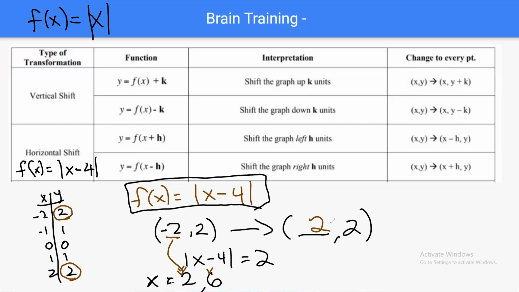What changed? What changed from negative 2 to 2?